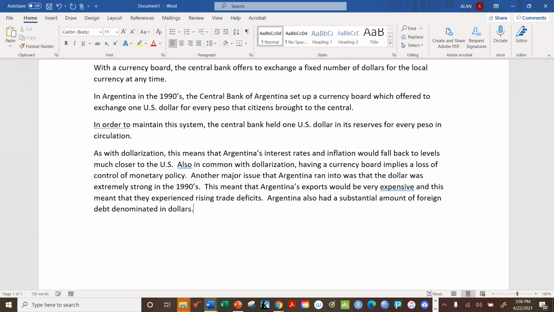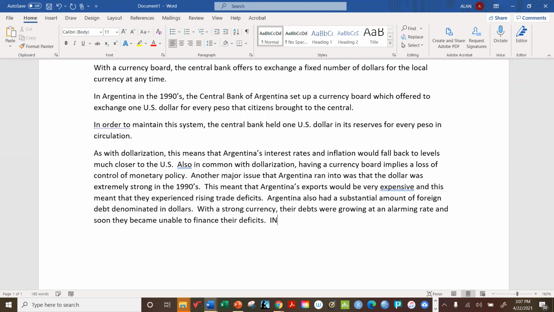Ooh, now that could be a problem, because this meant that their debts with a strong currency were growing at an alarming rate, and soon they became unable to finance their deficits.